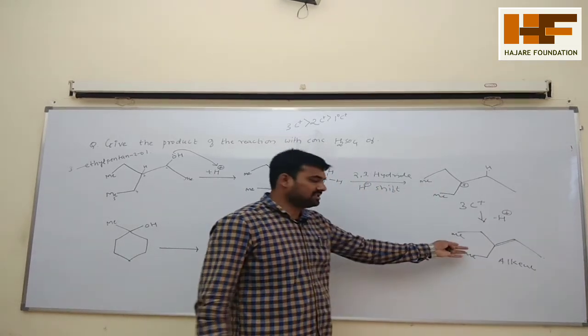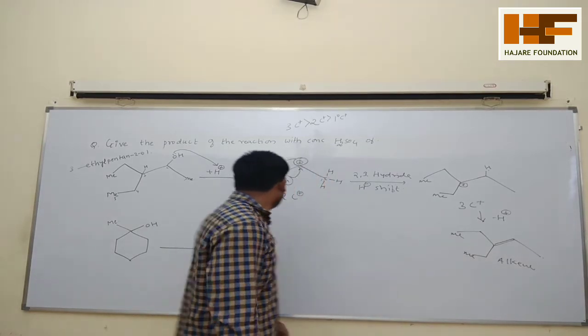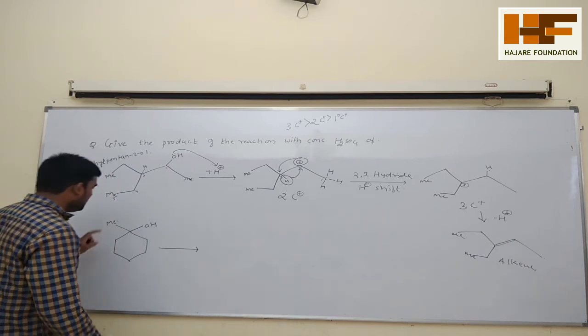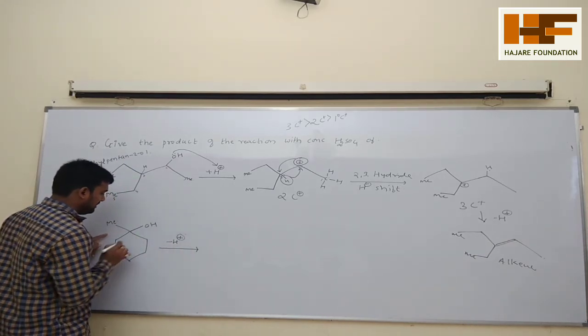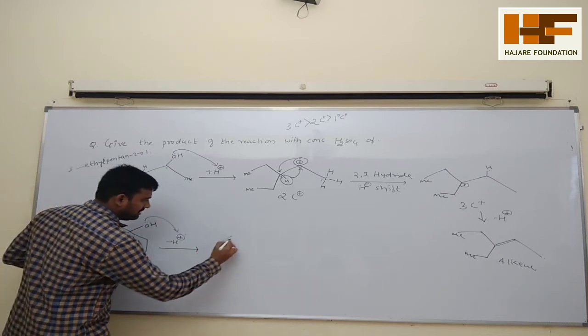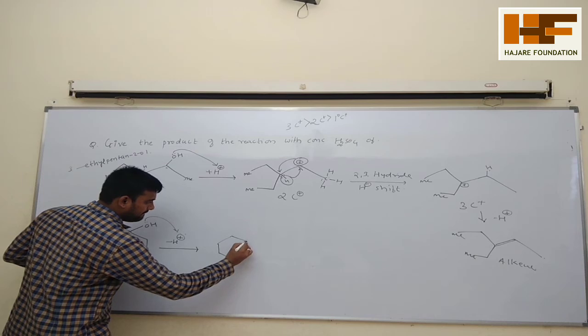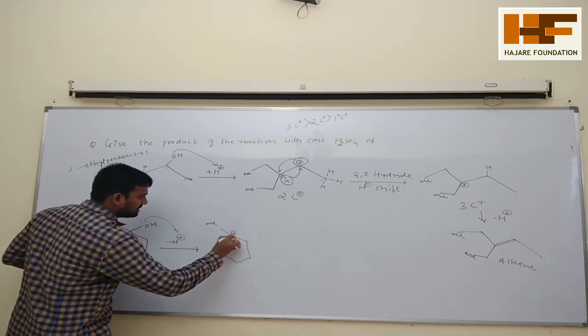You just try for the IUPAC name of this compound. Next, see this one: assume that H plus ions, the lone pair electrons will take this H plus ion. You will get the structure. Here is a methyl, it forms a positive charge here.